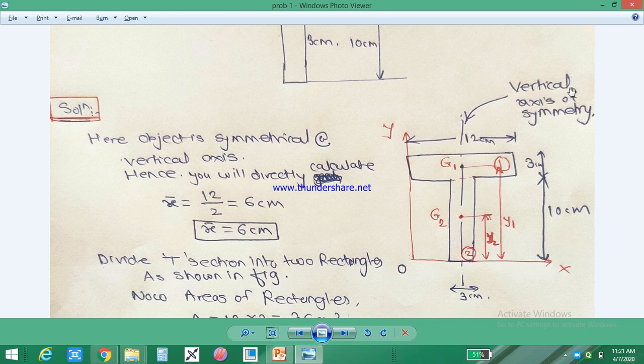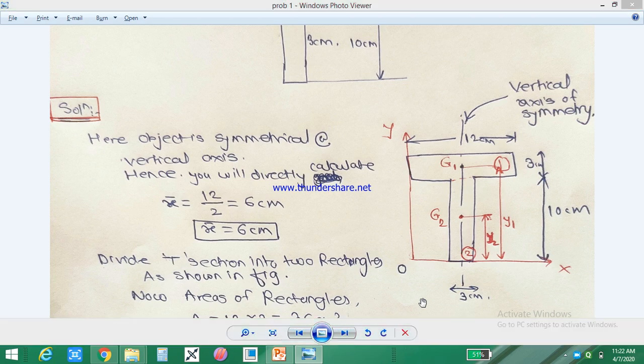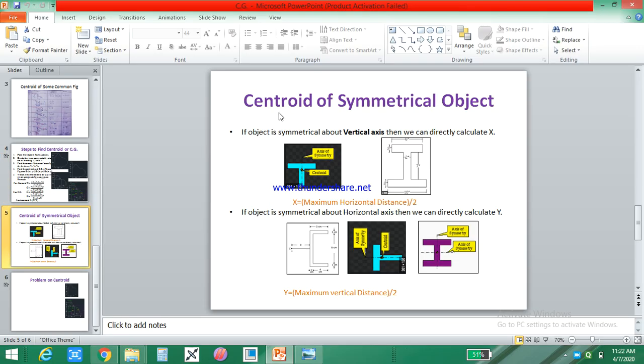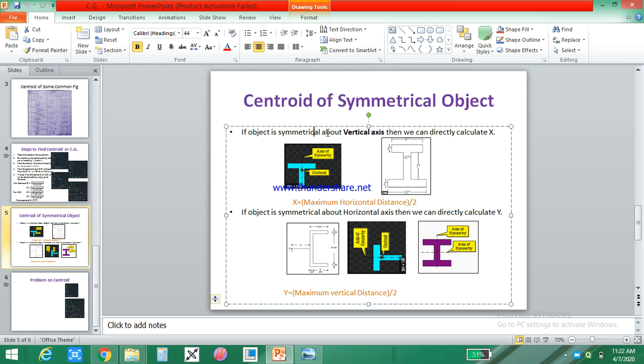We saw in the previous video that if the object is symmetrical about the vertical axis, then x bar is equal to maximum horizontal distance divided by 2.